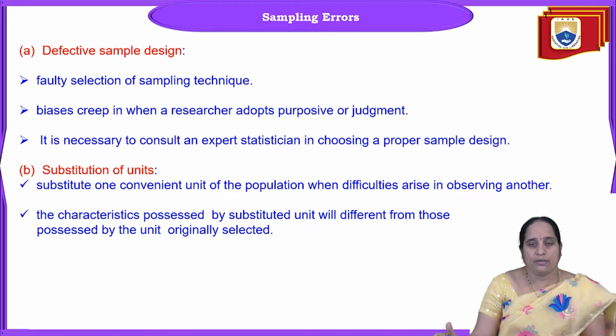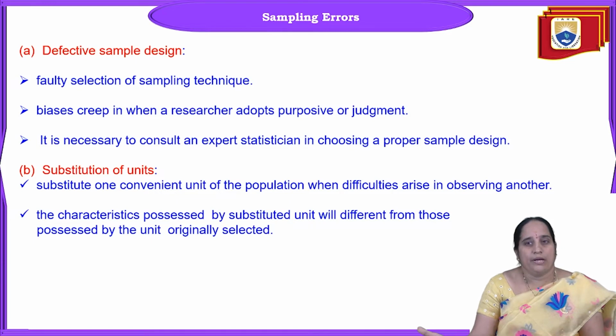Based on his own convenience, he selects the sample, and whenever he selects that type of samples, it leads to some difficulties. That also leads to sampling errors. The characteristics possessed by one sample, which you substitute for the other, may not be the same as the characteristics of what we originally selected. That difference between these two samples also leads to sampling error.